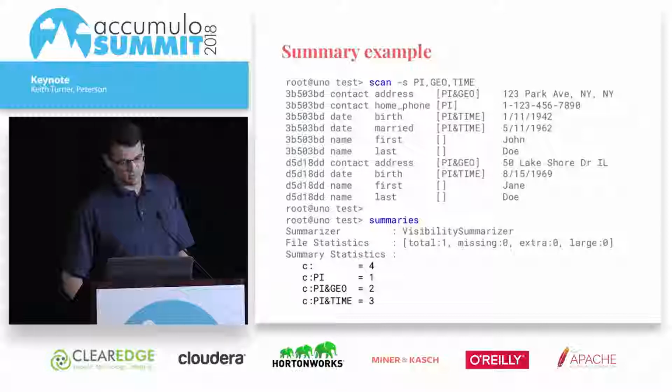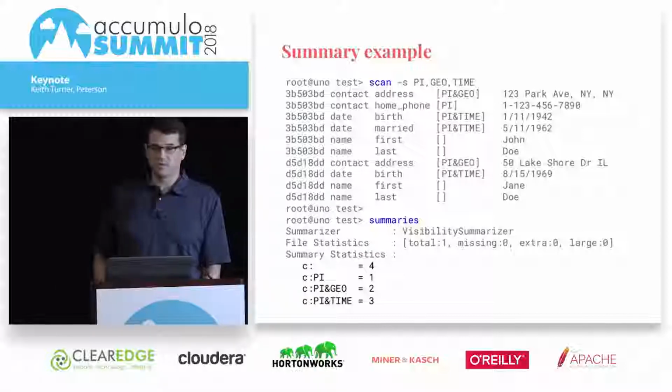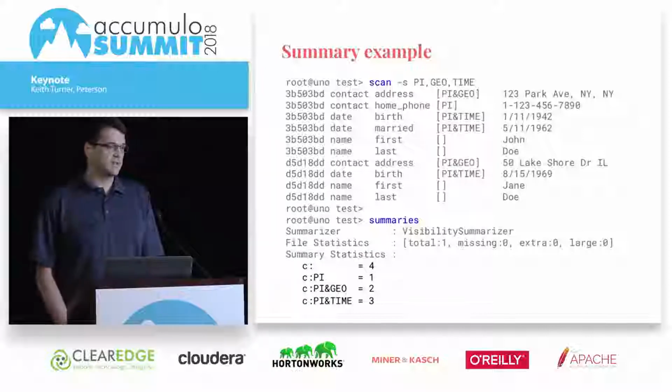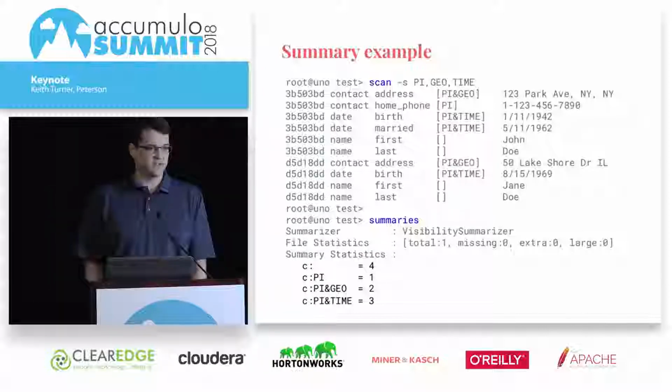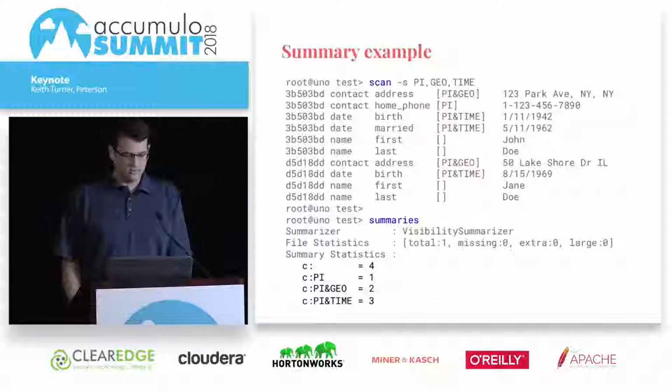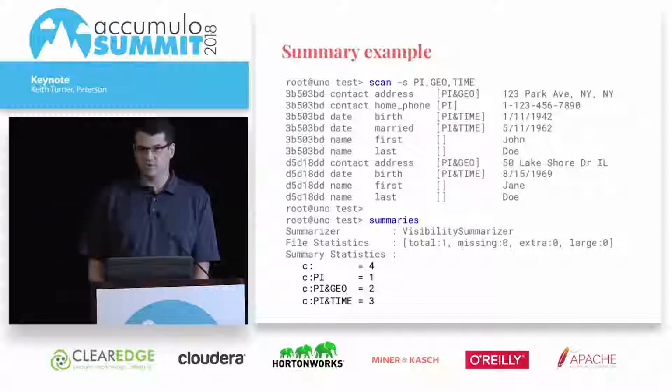So this is an example of a table that was configured with a summarizer. It's a summarizer that attempts to count the unique column visibilities in the table. So there's a scan in the shell that shows what data is in the table.